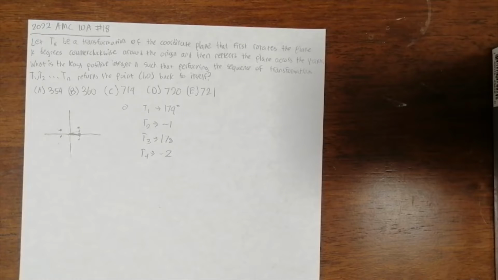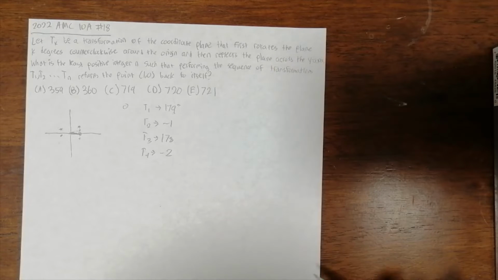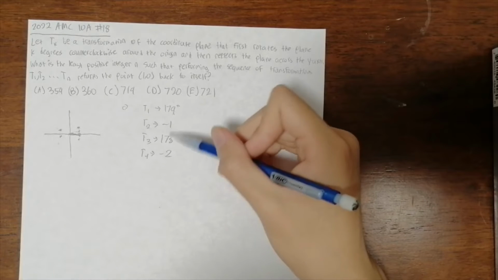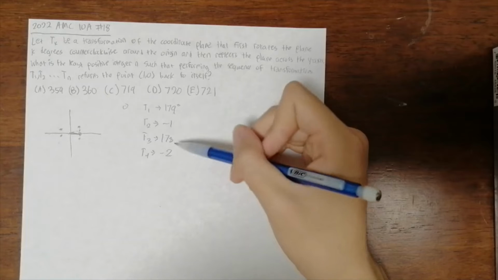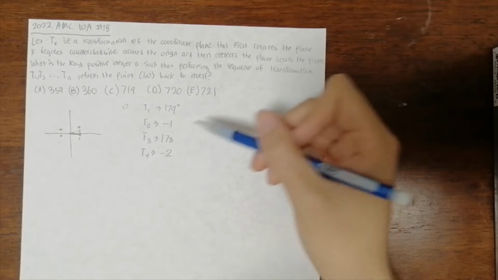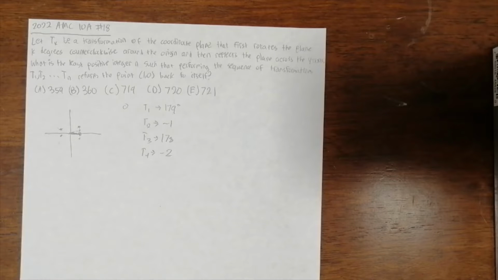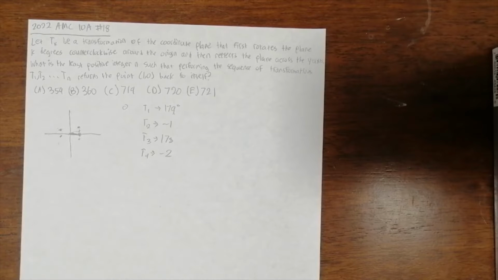Okay, so it seems like the pattern is that between every 2 consecutive odd ones, it decreases 1 degree, and between every 2 consecutive even ones, it also goes down 1 degree as well. So let me just think.